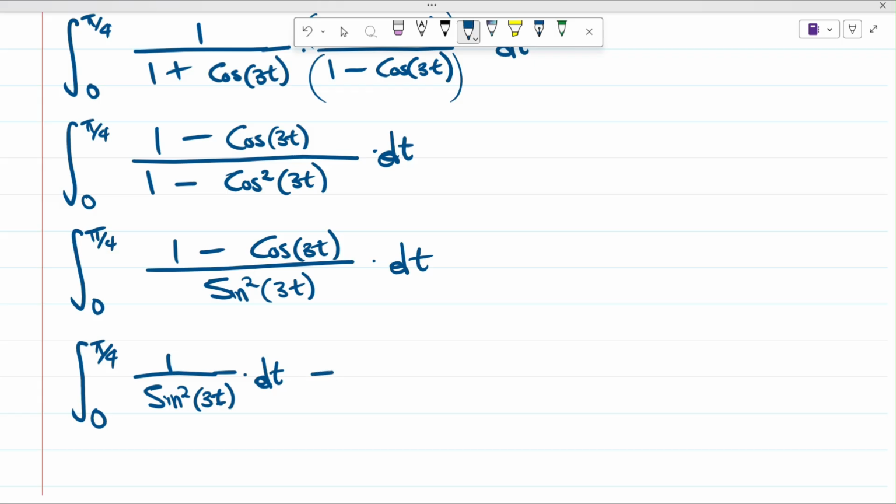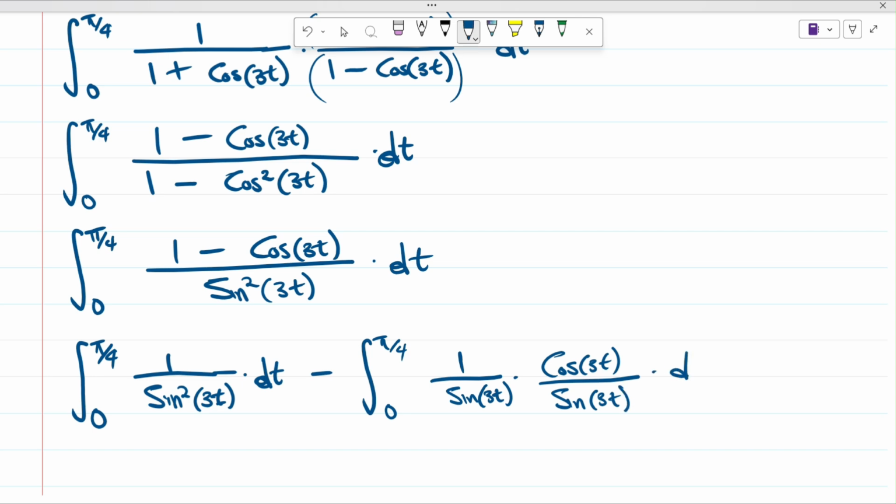So I'm splitting so that each numerator term has its own denominator. This is going to be the integral from 0 to pi over 4 of 1 over sine 3t, and then cos 3t divided by sine of 3t, dt.